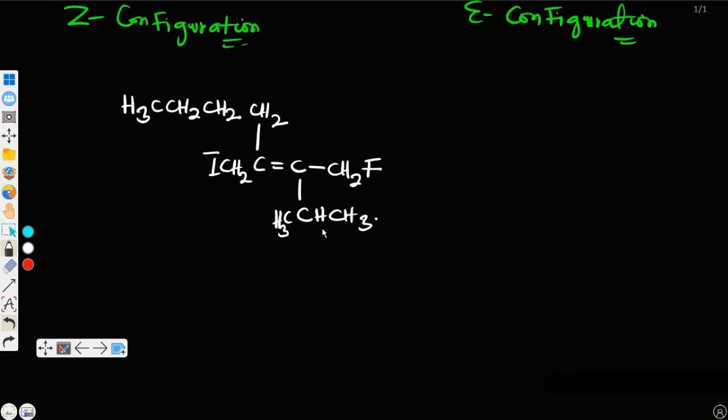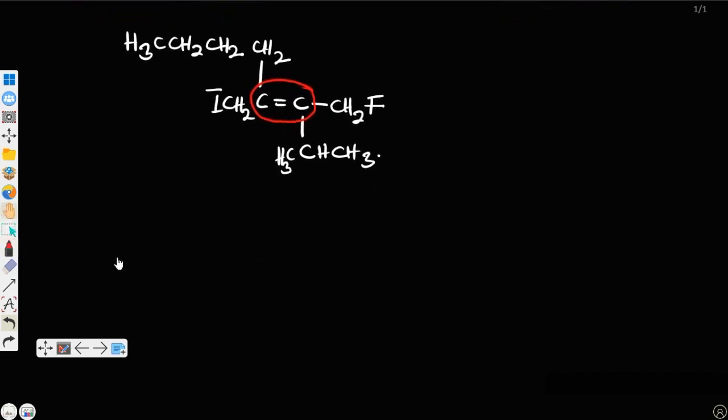Now the first thing we have to do here is to identify the carbon-carbon double bond. We must have identified the carbon-carbon double bond, so now draw our structure for the E and Z nomenclature. Right? Now how do we do that? You first of all draw the carbon-carbon bond. Now to this side, what is attached is CH2F.